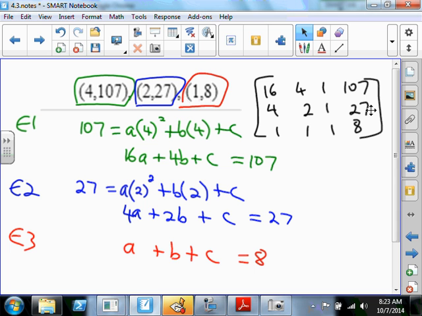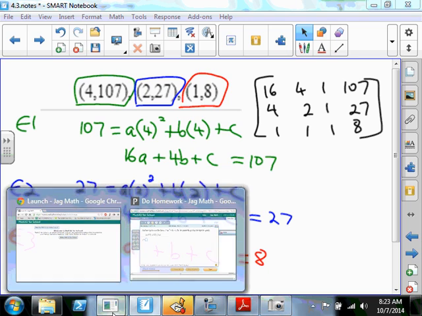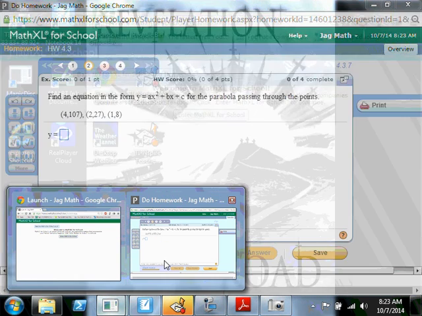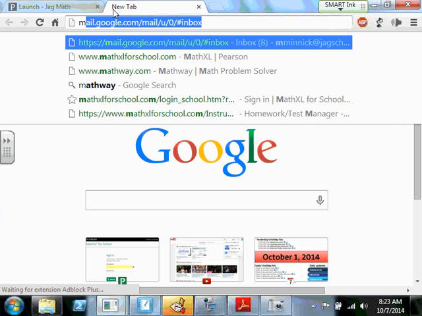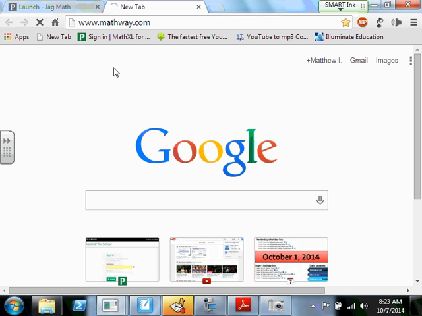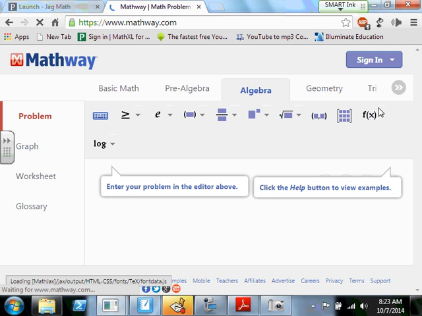So here we go. Math way. I guess I got to open up another window. So math way, I'm making a 3 by 4 matrix.